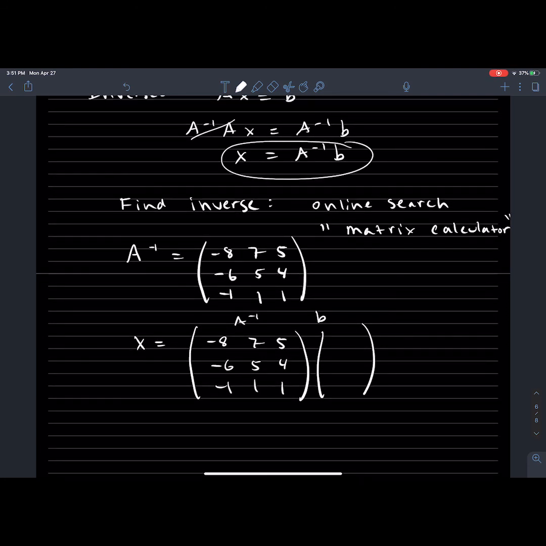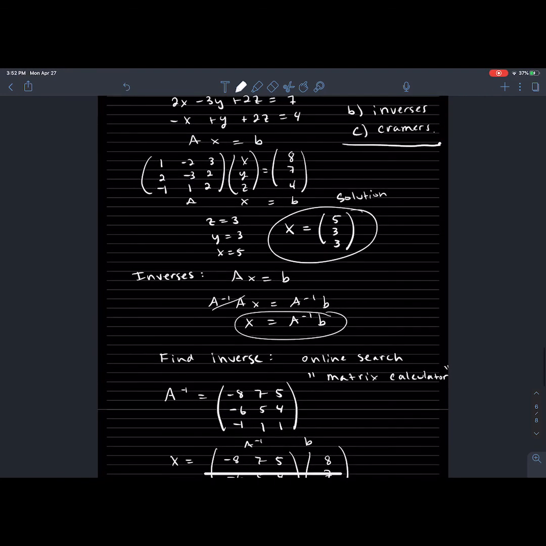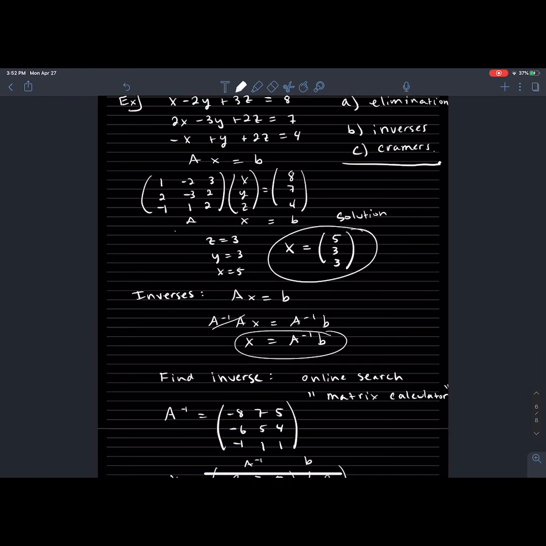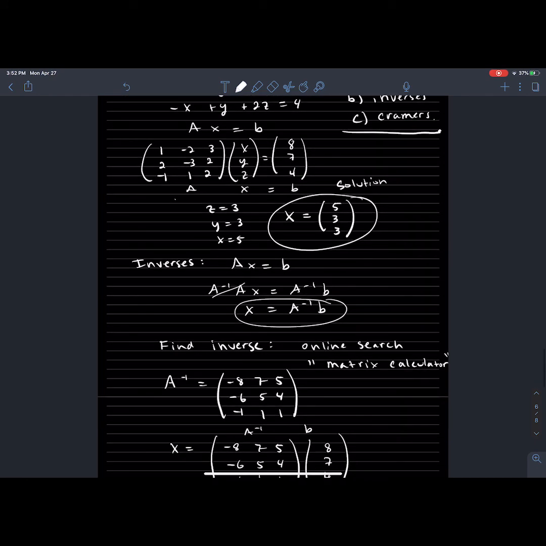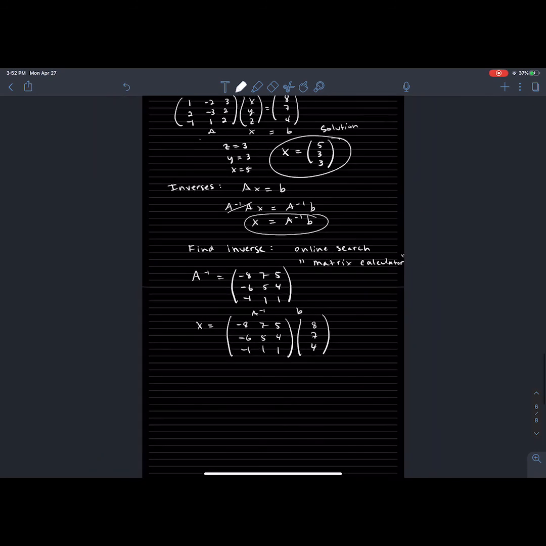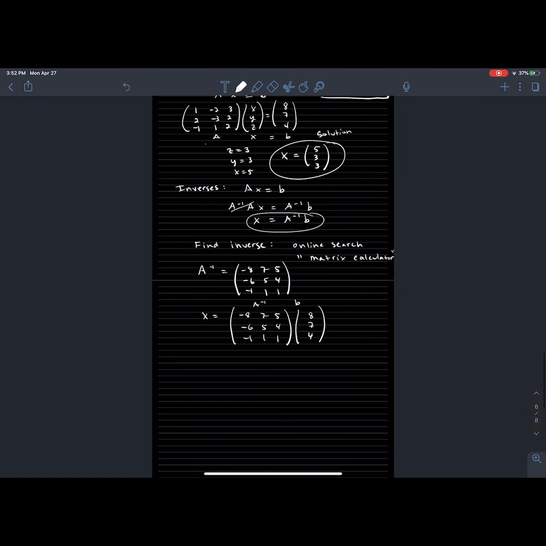Little b was 8, 7, 4. How do we know that? Because there's my A, there's my little b, 8, 7, 4. And we get 5, 3, 3. You can just sit there and multiply that on your own too. Let's double check the middle one. This is the second row times that.